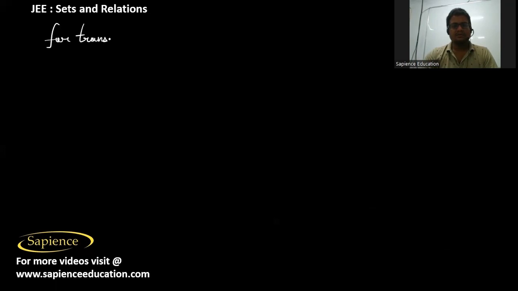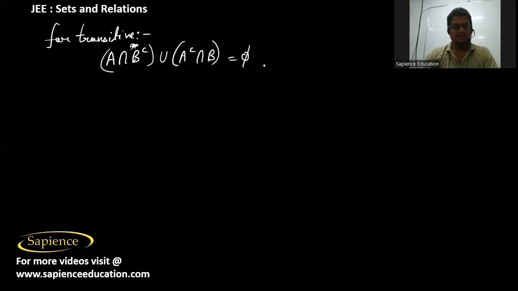we should have A intersection B complement union A complement intersection B equal to phi. And also B intersection C complement union B complement intersection C equal to phi.